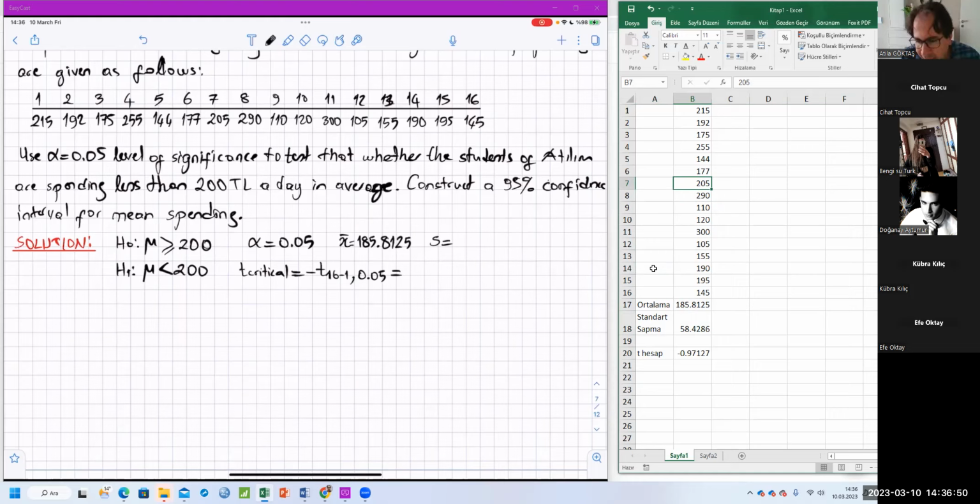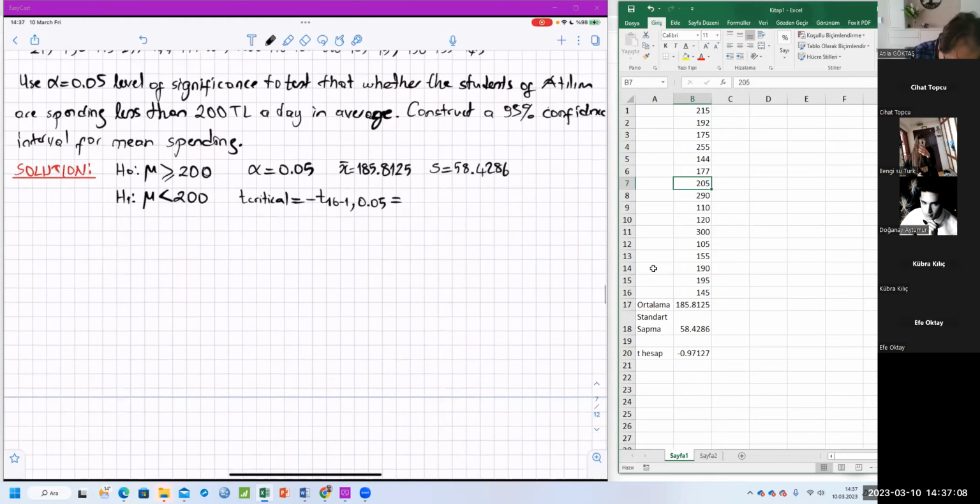The sample standard deviation is 58.4286. And the calculated statistic, remember, the T statistic is x bar minus mu null divided by the sample standard deviation, which is divided also by the square root of the sample size.